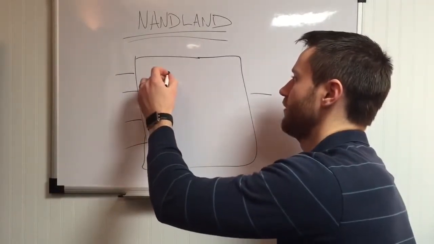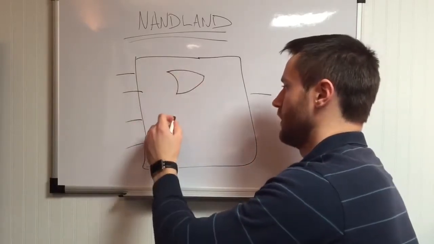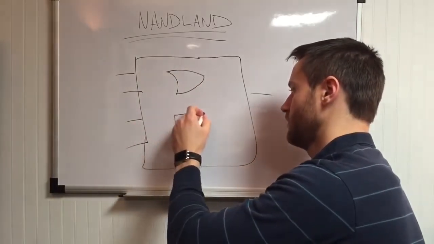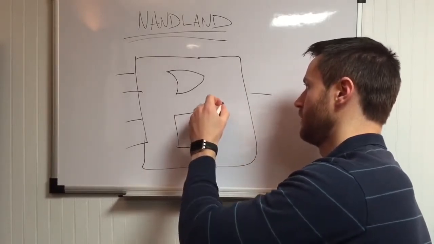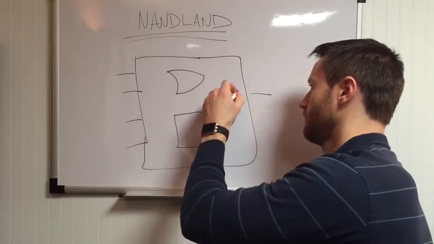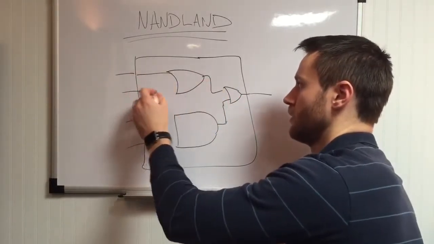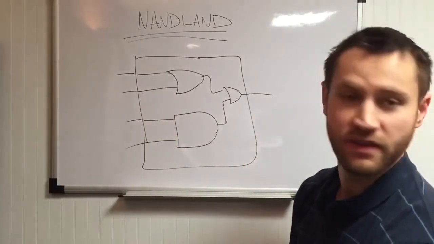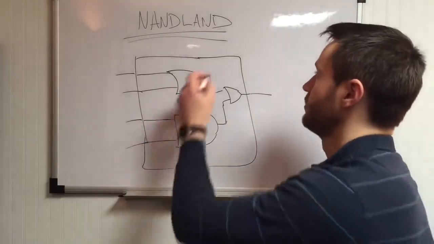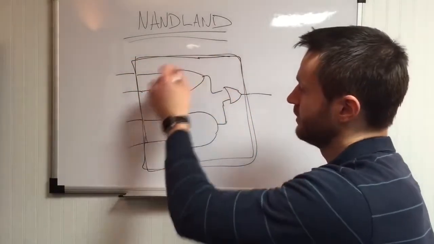So the FPGA designer might want to draw some circuit like this, and then another one that looks like this, and then maybe has an OR gate over here as well. In 1985, this would have been a perfectly viable FPGA. So here's your FPGA right here, and here's what's inside.